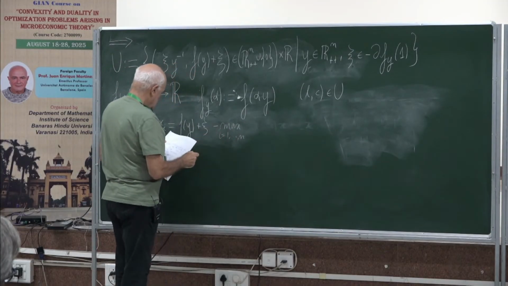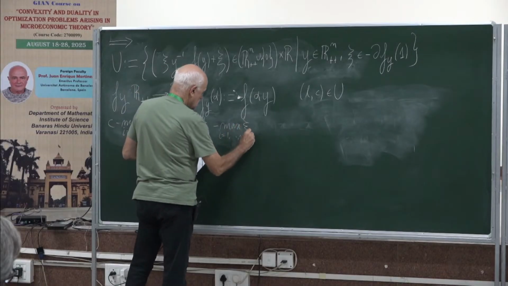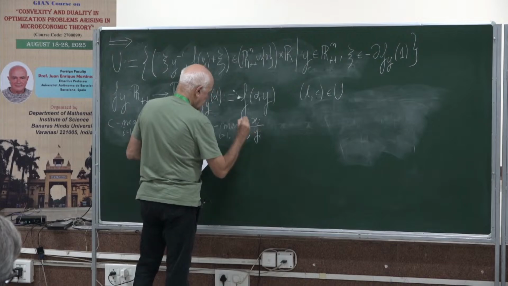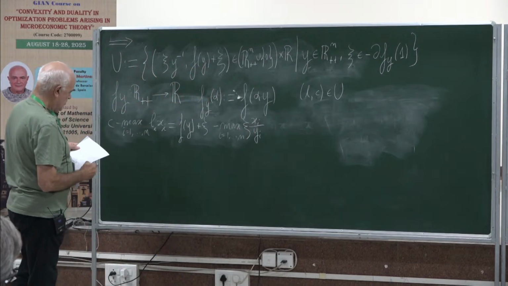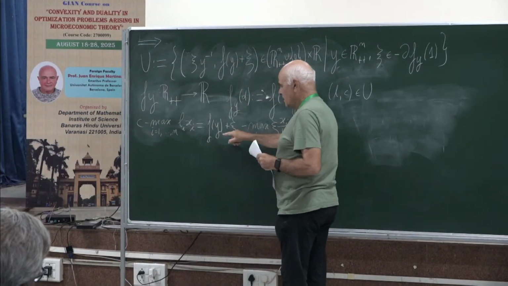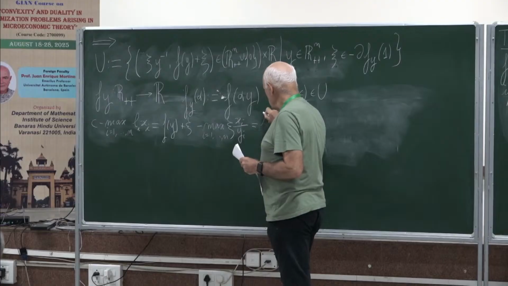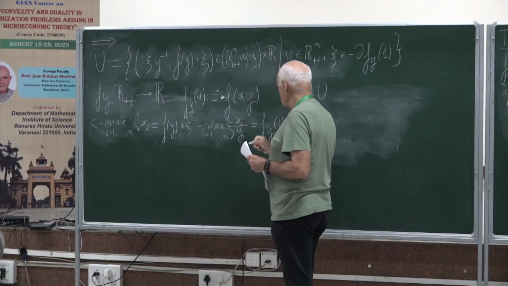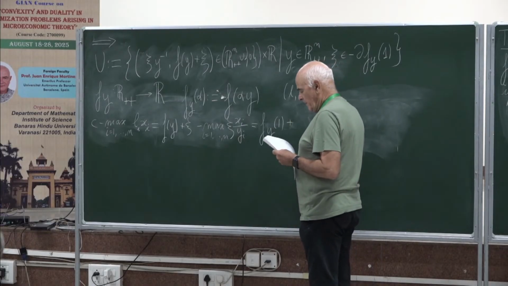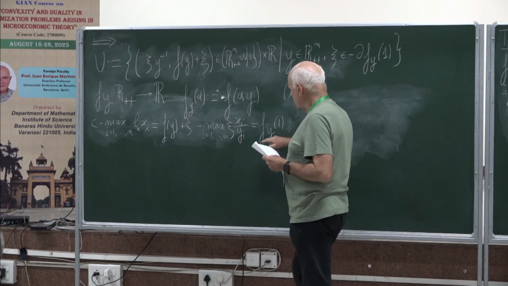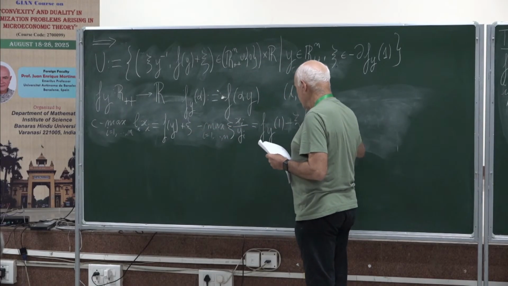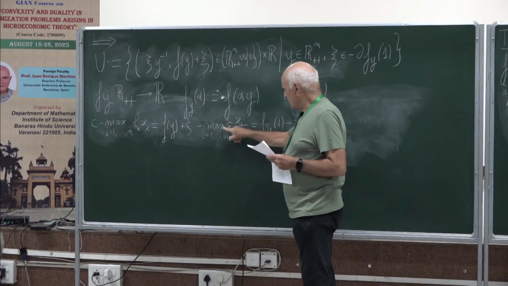psi xi by yi. F of y is fy at 1. And here I can take minus c as a common factor, because this comes out of the max.